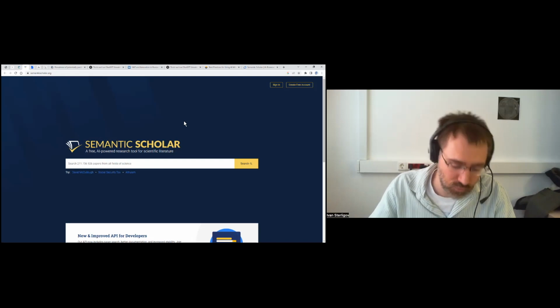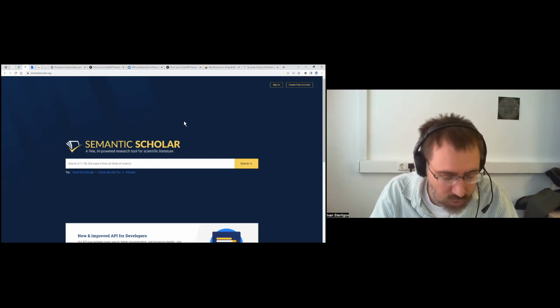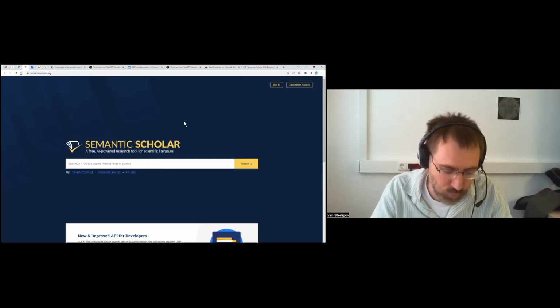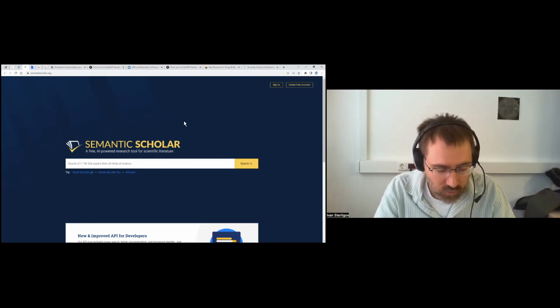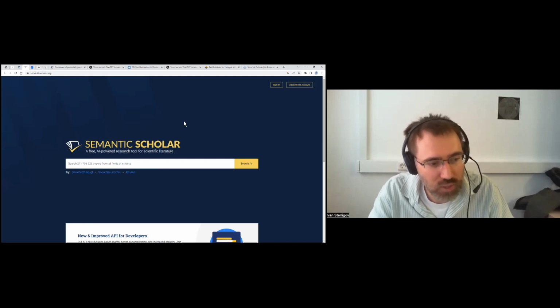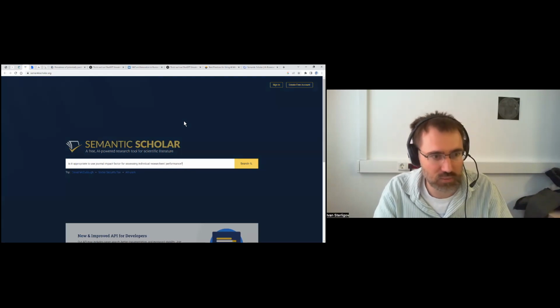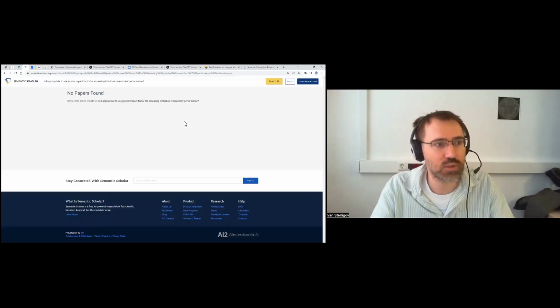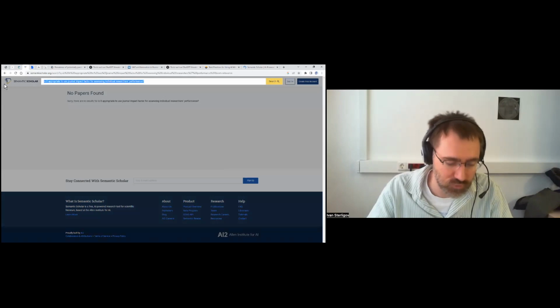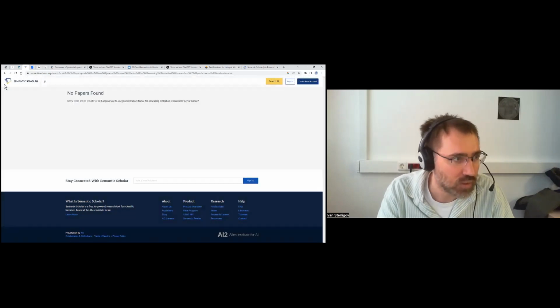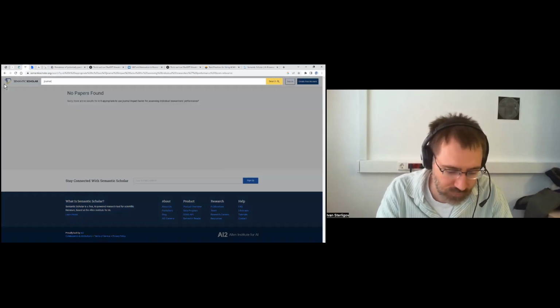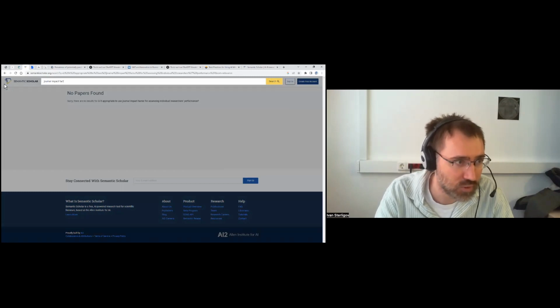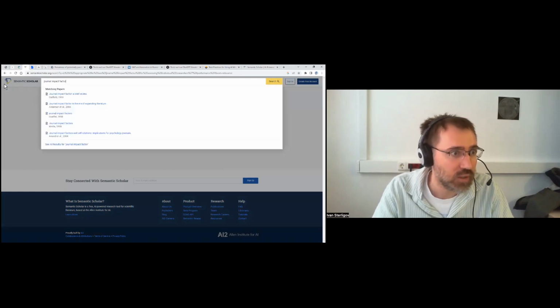It's much more like a typical academic search engine, like Google Scholar, Web of Science, Scopus, and so on. So you cannot ask it a research question. No papers found. You just have to focus on some keywords. Journal impact factor, let it be.